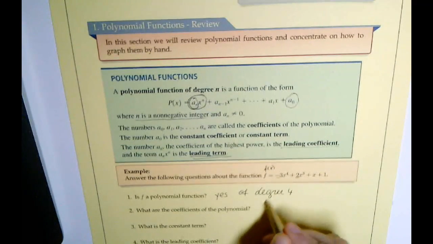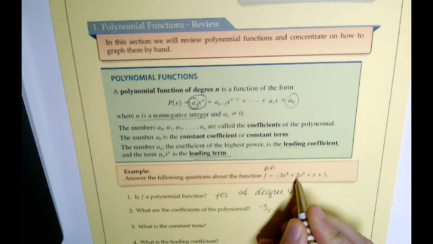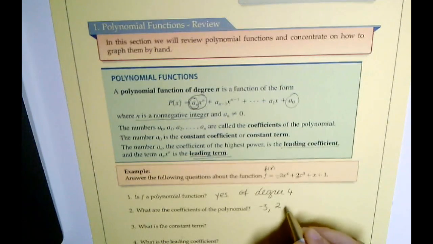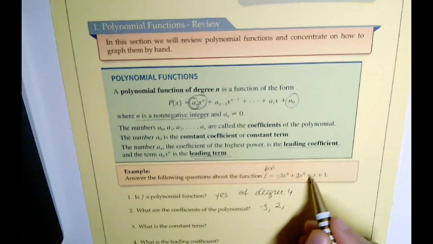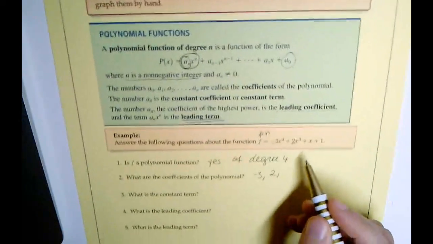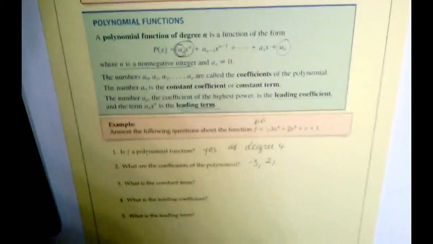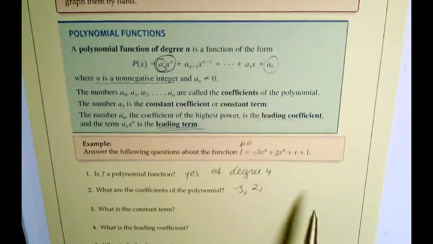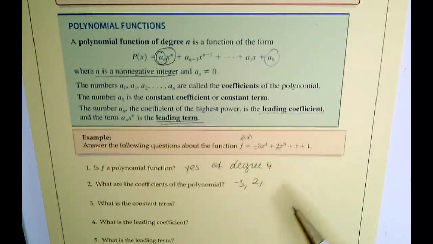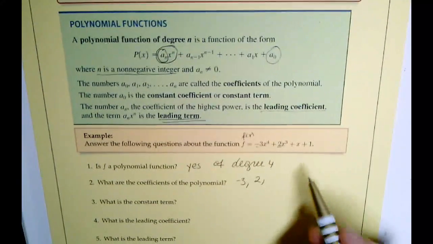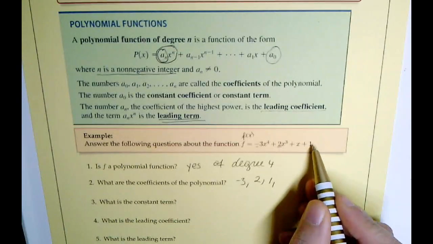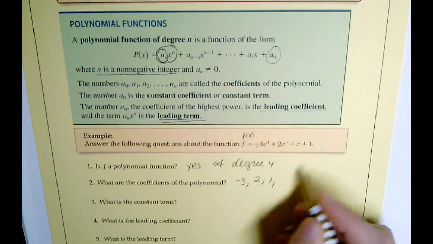So the coefficients are -3, and then 2, and then there's no x squared, so you can think about its coefficient being 0, and then the coefficient for x is 1, and the constant coefficient is 1.